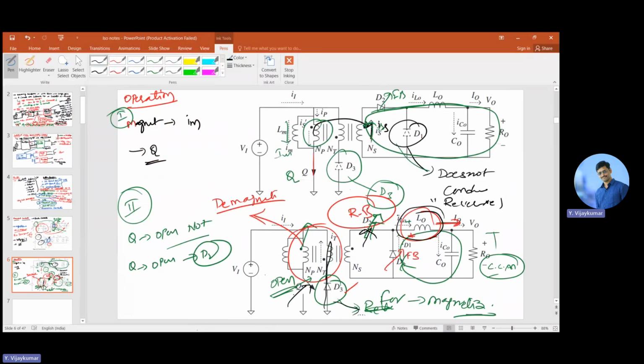The energy stored in the inductor can supply the current through the load in the same direction by changing its voltage polarities. Thereby, diode D1 comes to forward bias, so the current will maintain in the same direction through L naught and R naught and through D1. This is the mode 2 operation.